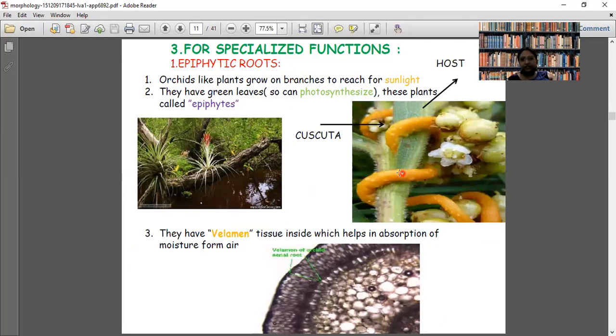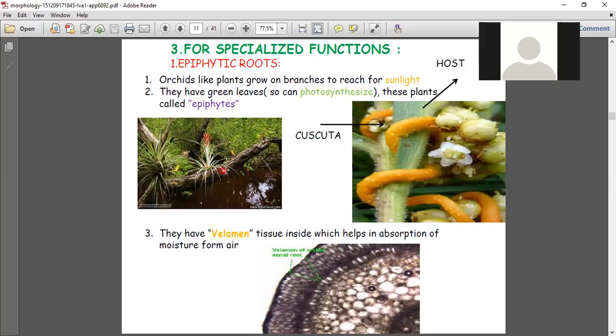Can you see in the case of Cuscuta how this root is entangling the host and deriving nutrition from it? It is a plant, but how dreadful it looks, have you seen? These are epiphytes. See, can you see these green parts?